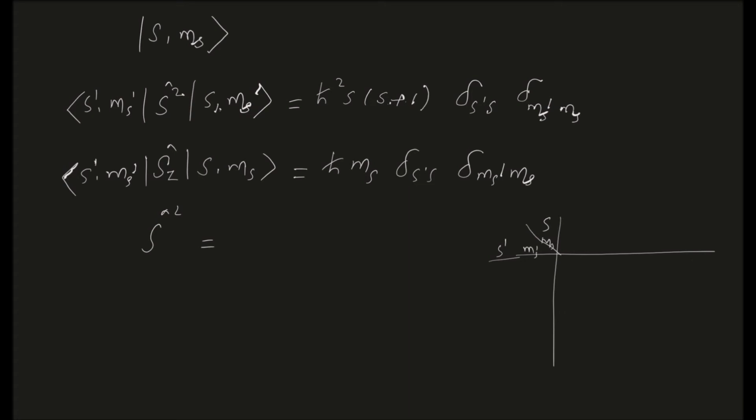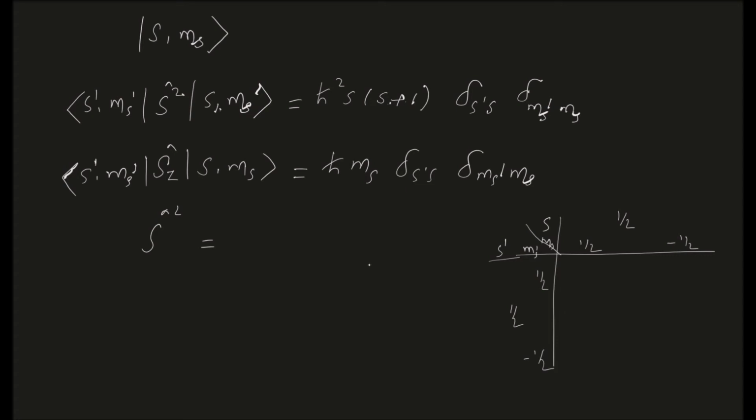And for spin half particles, S is always half, and Ms can have only plus half or minus half values. So here also we have half, half, minus half.